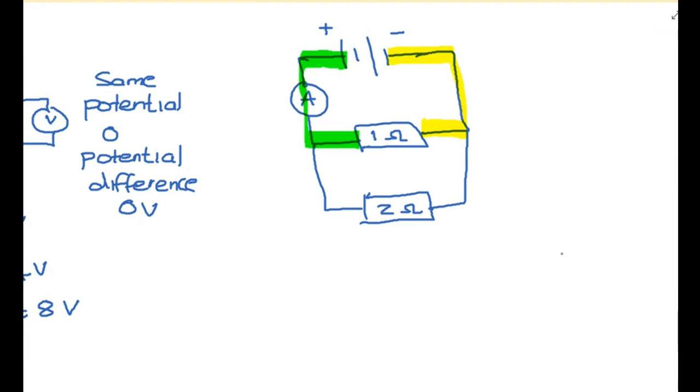Actually, conventional current goes from positive to negative, but charges are actually flowing from negative to positive. But yes, you're right, conventional current. Sorry if I've taken a while to answer you, Natalie. In the end, it doesn't matter whether you're going clockwise or anti-clockwise, the charged particles are always starting and ending.